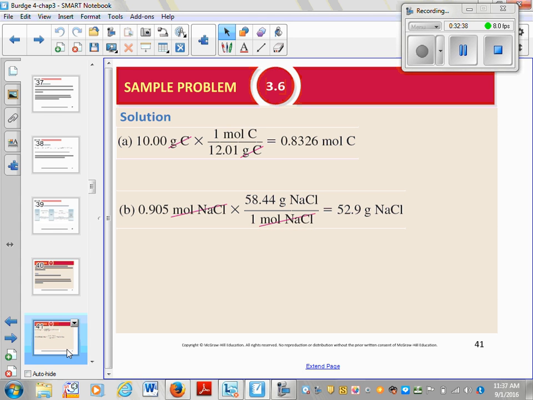And we have 0.8326. So if you did the calculation backwards, you'd have a number greater than 1. Similarly for B, you're not starting off with a whole mole. And we know a whole mole of sodium chloride weighs 58.44. So if we don't have a whole mole, it's got to weigh less. And sure enough, it only weighs 52.9. If we had done the calculation backwards for some reason, we would have ended up with more than 58.29. So look at your answer to see if it makes sense.